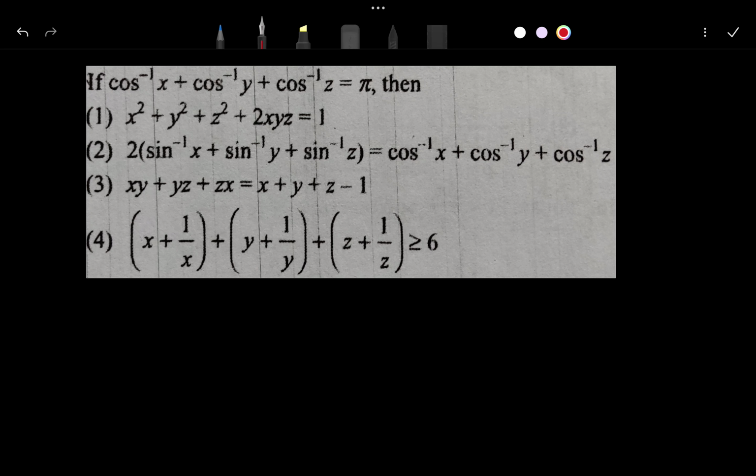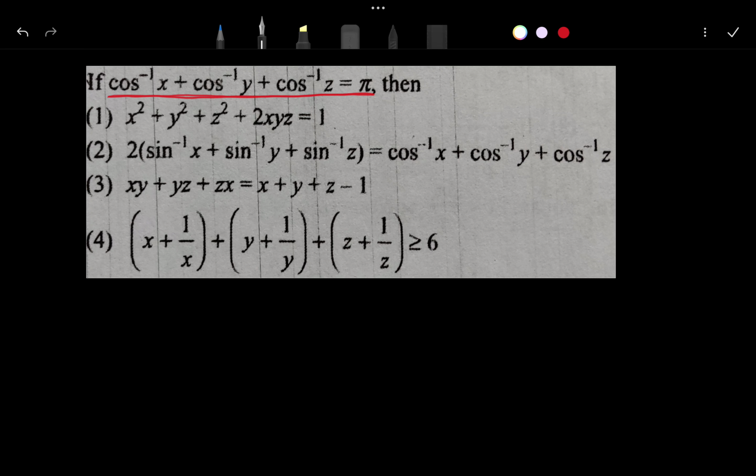See, cos inverse x plus cos inverse y plus cos inverse z is equal to pi. Now, as in previous questions, how will you take all these values? You can write cos inverse x, cos inverse y, cos inverse z. You take one angle in its range.